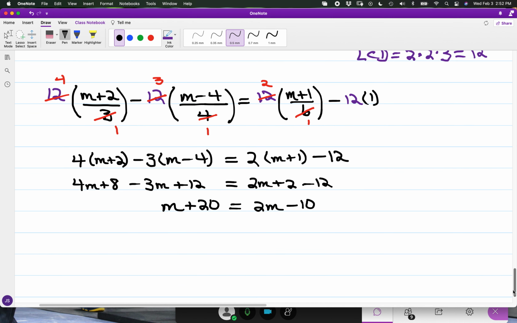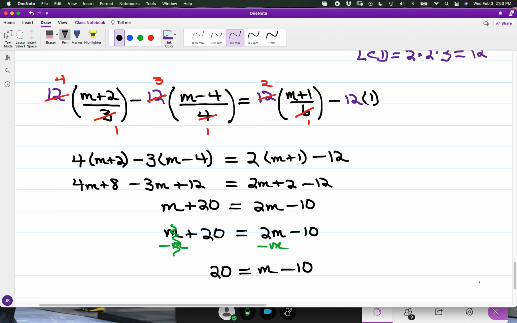And so, now normally I would like to have the variable I'm solving for on the left-hand side of the equation. But looking at how things are shaping up, I have the smaller variable term on the left, and just to put any operations with negative numbers a bit more on hold, if I were to take the smaller variable term out, we have 20 is equal to 2m minus m, which becomes m minus 10.